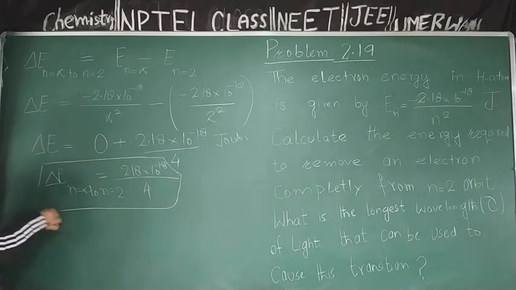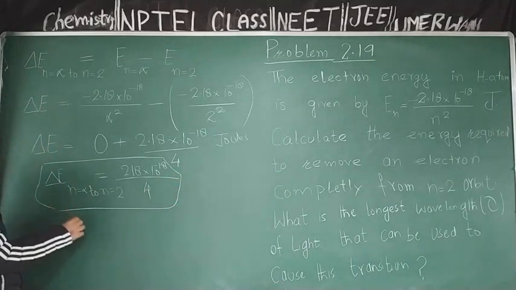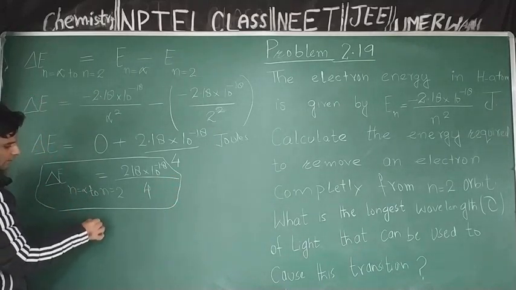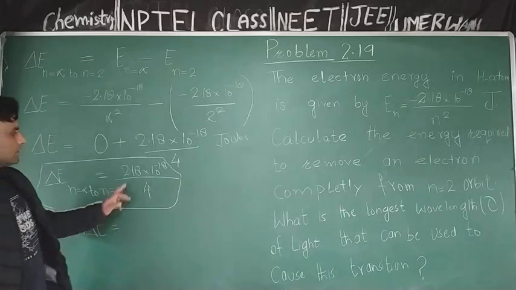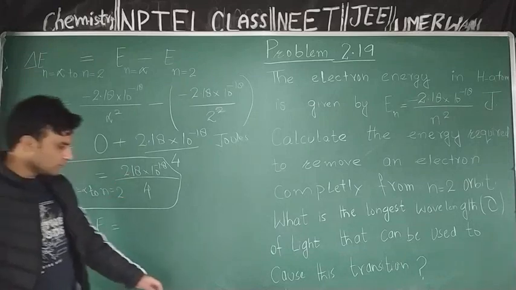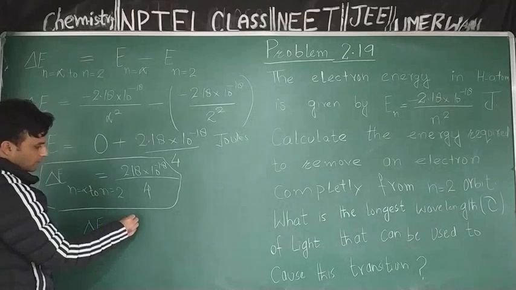This equation will give me the energy required, and delta E comes equal to 2.18 divided by 4.